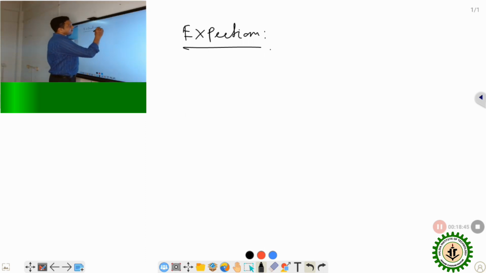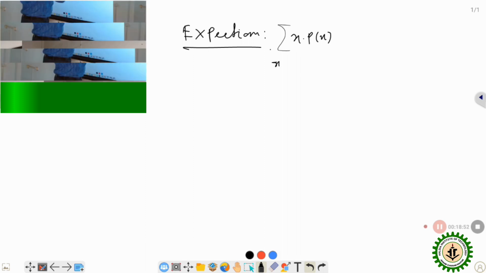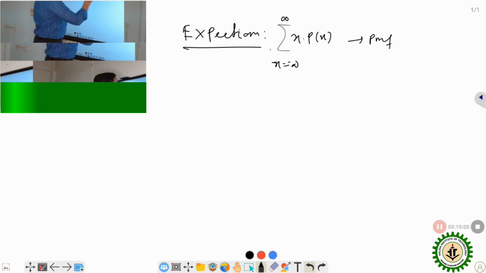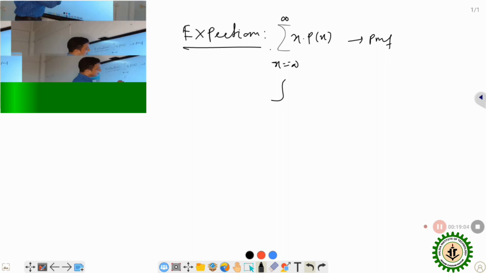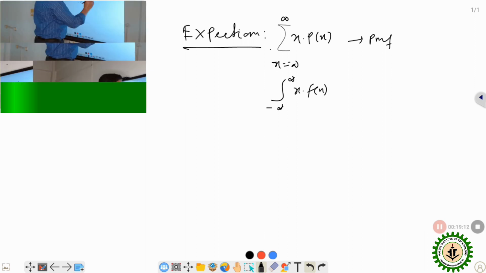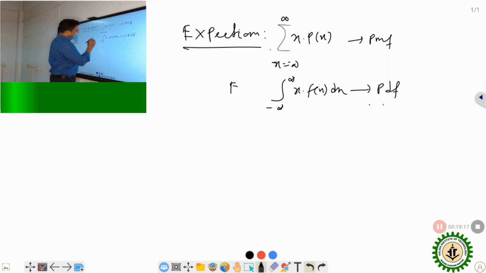So expectation is nothing but a summation of x into p(x) when it is a PMF, and if you use the same thing for a continuous random variable, then it is integration from minus infinity to plus infinity x into f of x dx. Both ways expectation is written as E of x.